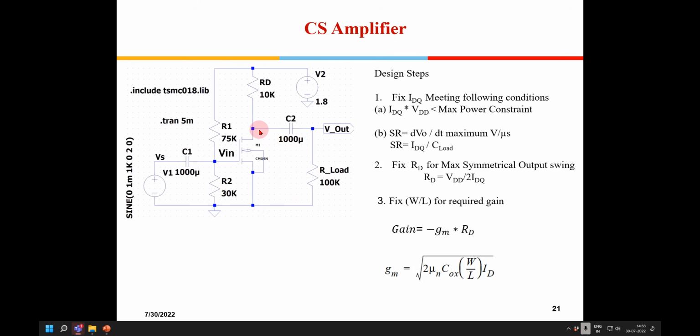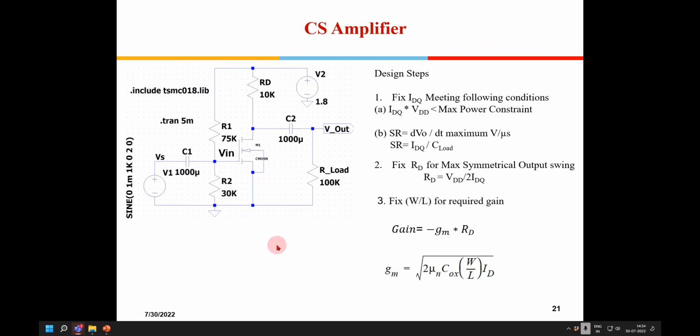No. For saturation, you can do that also, but generally we don't go to such extremes, right? So we generally take it as VDD by 2. This is just a hand calculation of how to design these circuits.